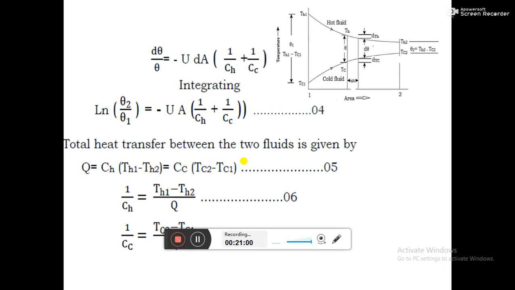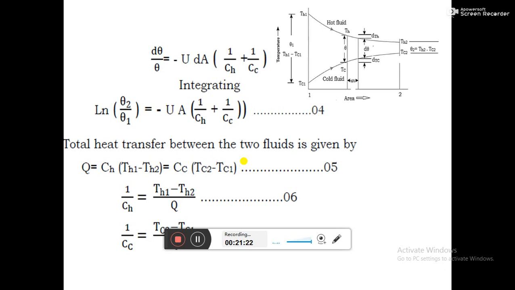Next, the equation reduces to the form d theta by theta equals minus U into dA into 1 by Ch plus 1 by Cc. Now integrating the terms, we know that the integration of 1 by x is ln x.